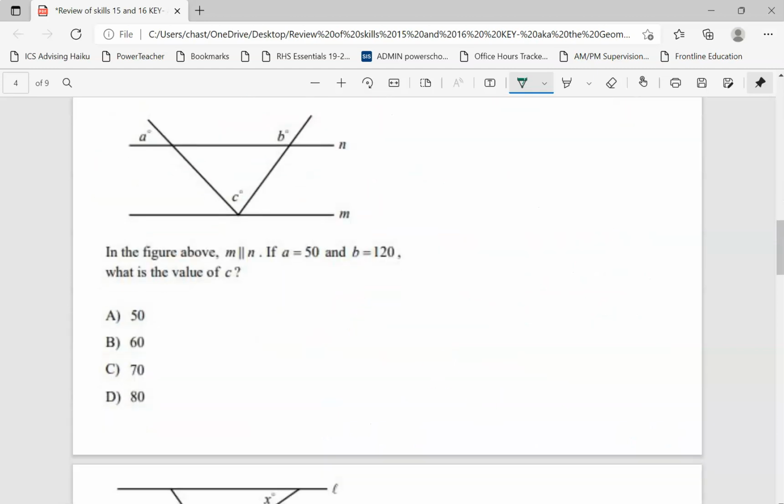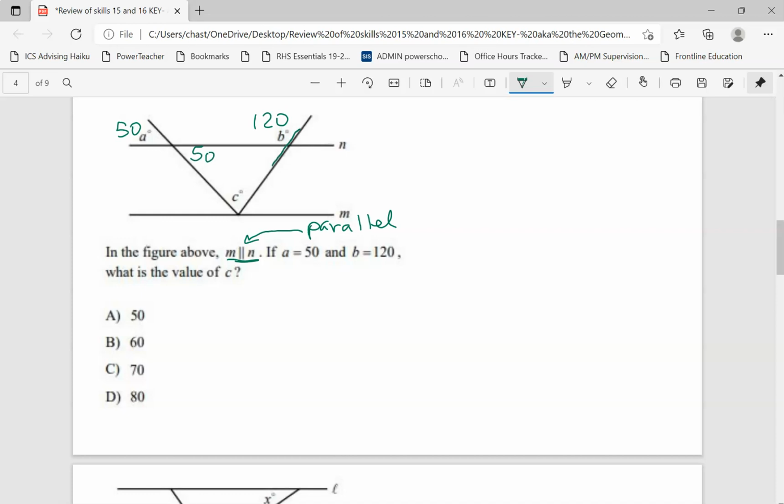On this next one, we're told that M and N are parallel. So remember, this symbol means parallel. If A is 50 and B is 120, find C. All right, so A is 50, so this angle inside here will be 50.